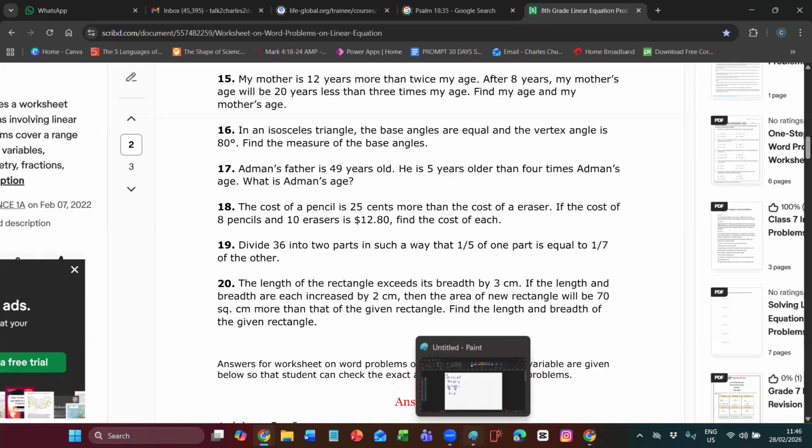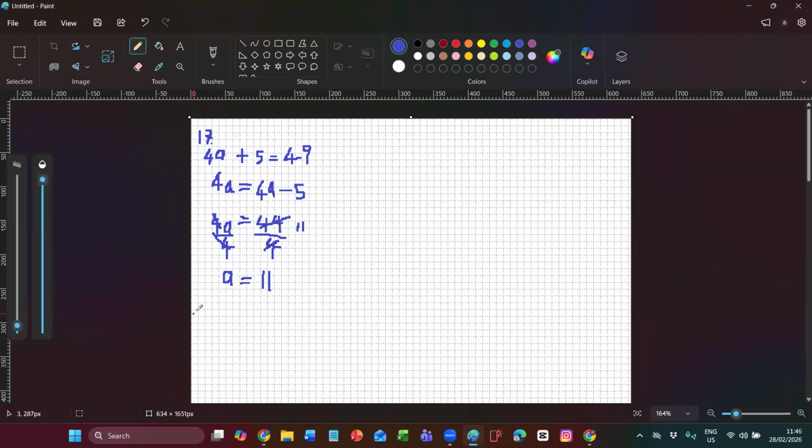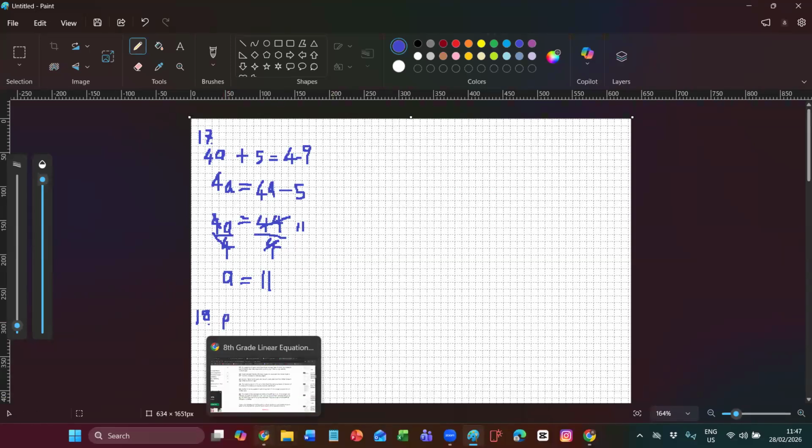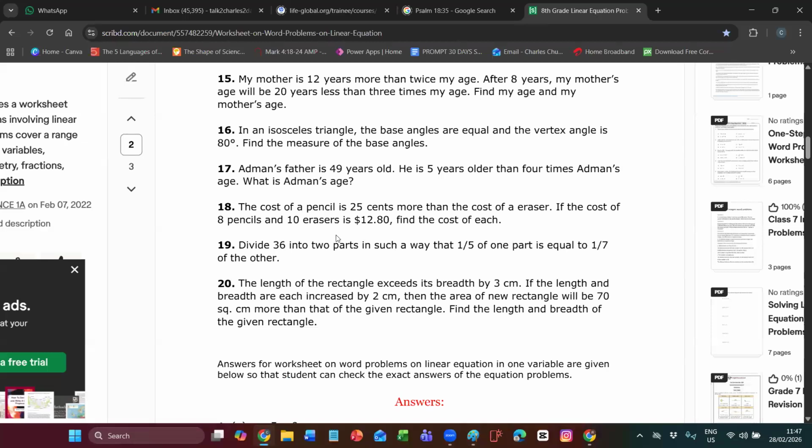So once you have sorted that out, it looks like we're going to have a simultaneous equation. So let's just go at it like that. Now let me show you something, because the mistake you made the first time was to quickly add 25 to P. Meanwhile, the 25 is not supposed to be added to P. So this is how you avoid that mistake. Look at the question very well.